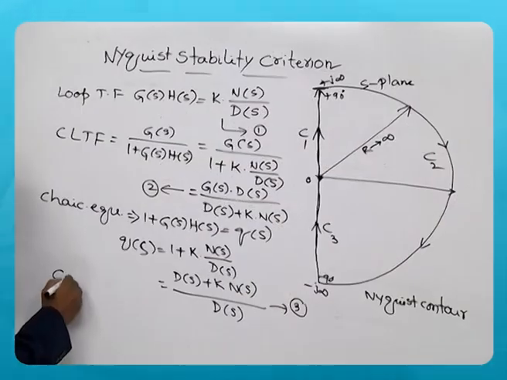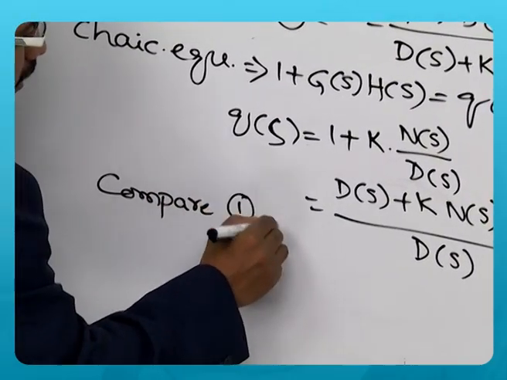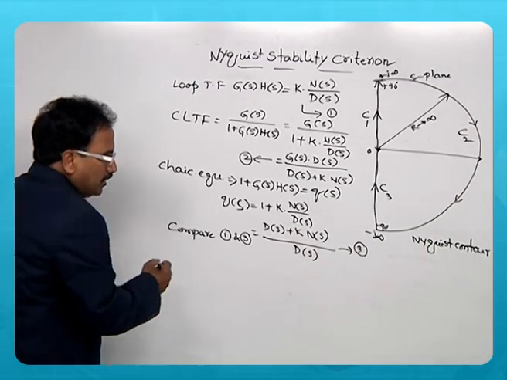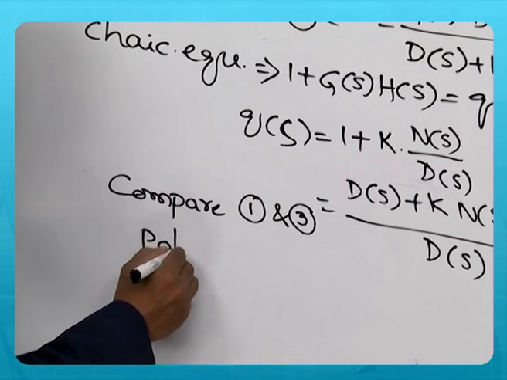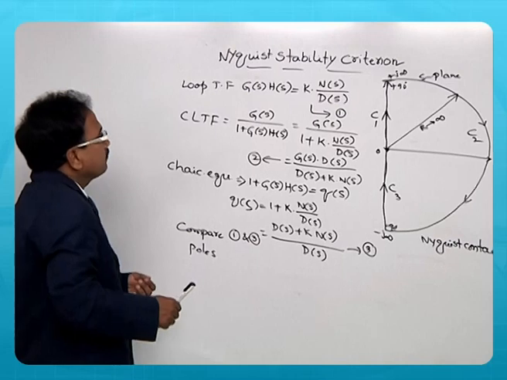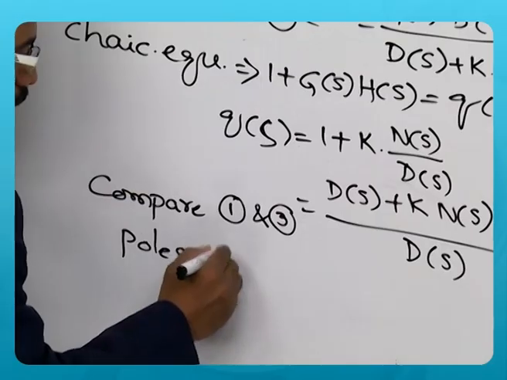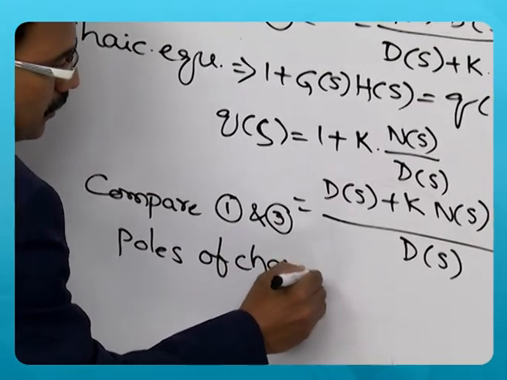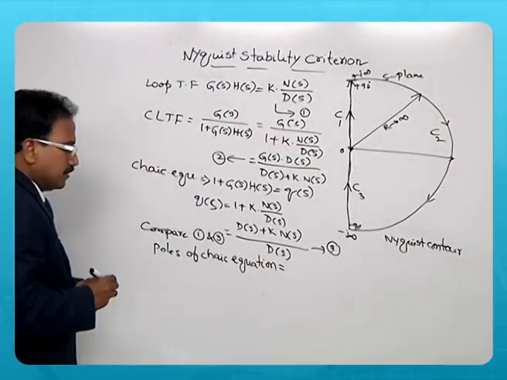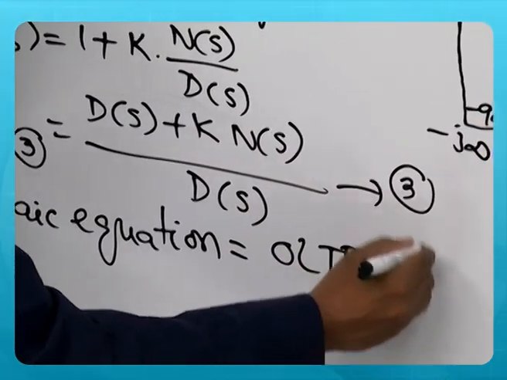When you compare equation 1 and 3, you can see the denominator term is D(s), and even in equation 1 it is D(s). So the poles of the characteristic equation are nothing but the loop transfer function poles.